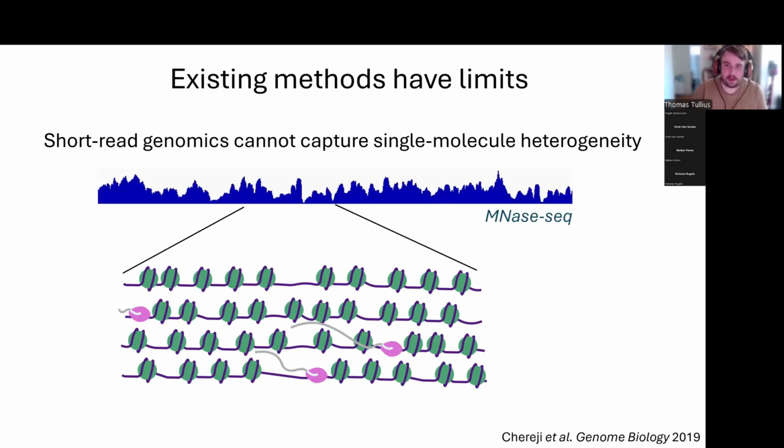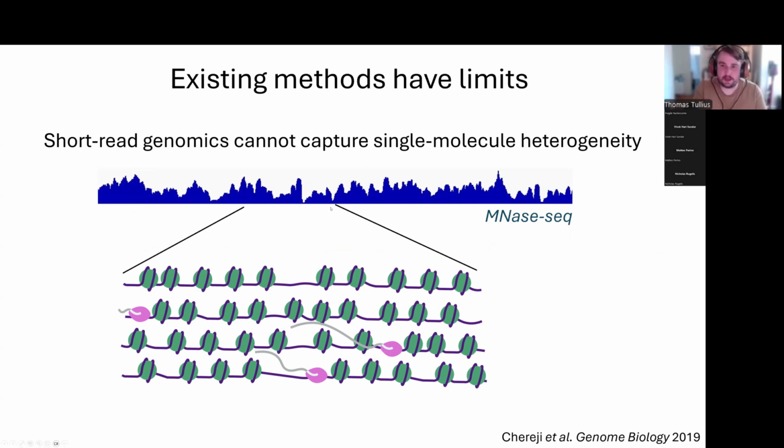But the methods we have to probe these single molecule relationships between individual polymerases and the broader chromatin landscape are somewhat limited, because existing genomic approaches tend to be based on short read sequencing. We can use something like MNase-seq to look at the overall distribution of nucleosomes, but we're inherently averaging across millions and millions of cells.